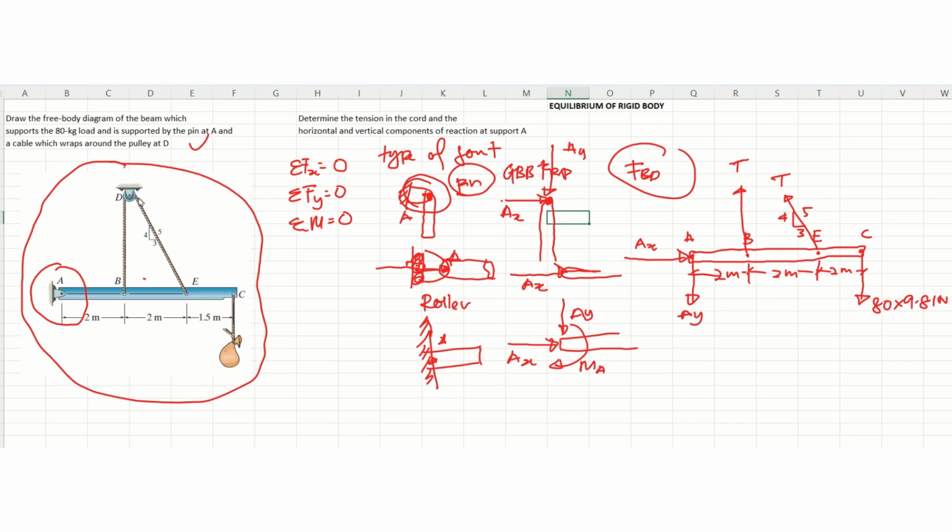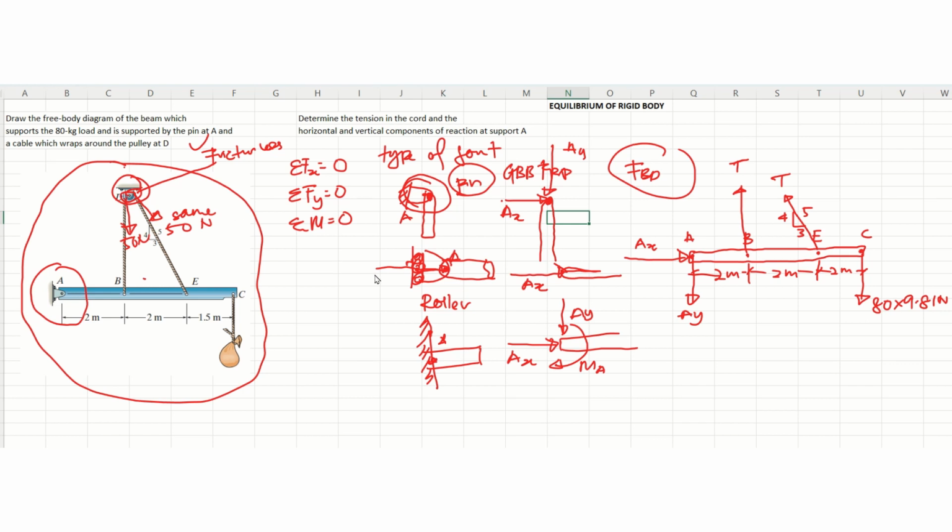For your information, the force at the pulley, this force and this force, are the same if the pulley is frictionless. Let's say this one is 50 Newton, this one also 50 Newton, the same, if the pulley is frictionless.